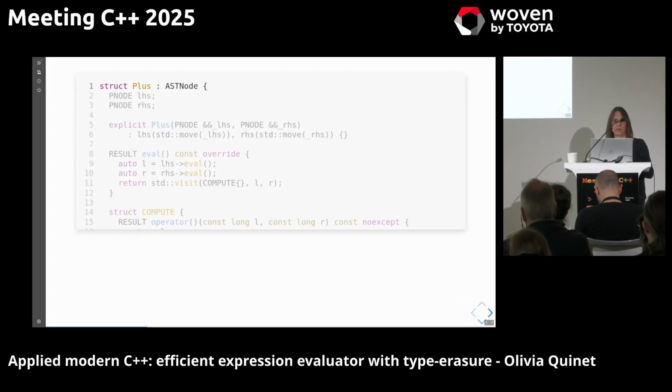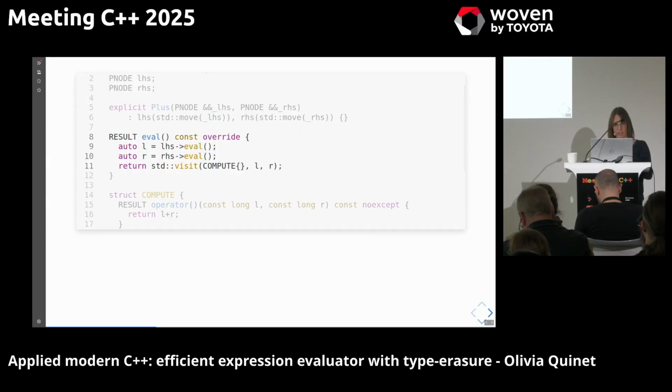And for example, the implementation of the plus node: the constructor just takes a left and right side node. In eval, you first have to, of course, evaluate the left node and then the right node. Then you combine the two of them with std::visit, because we are dealing with a variant.